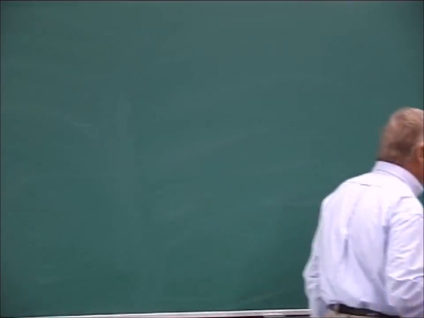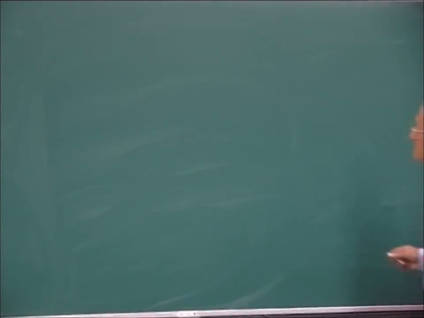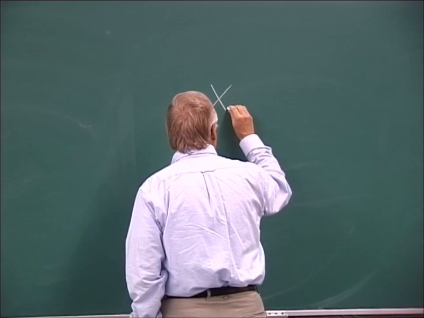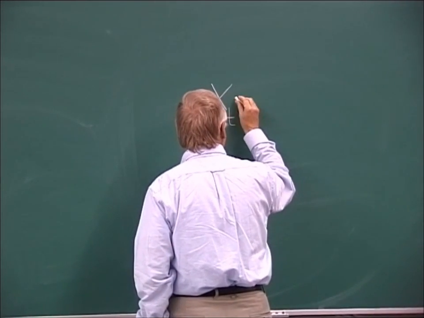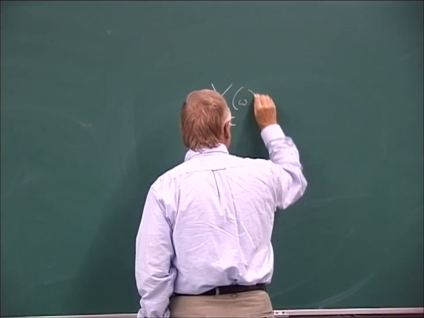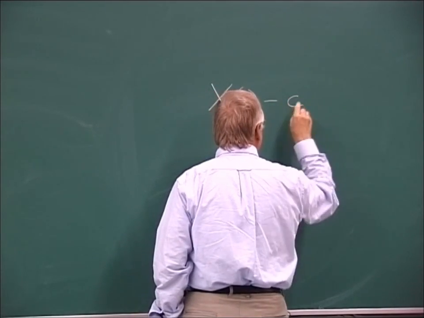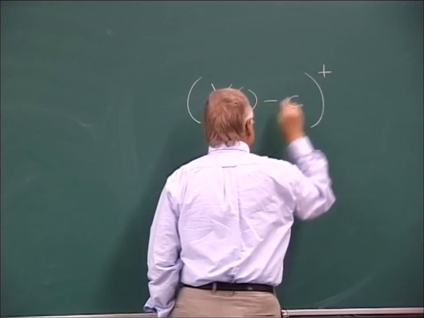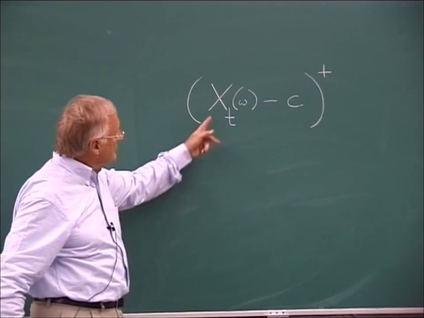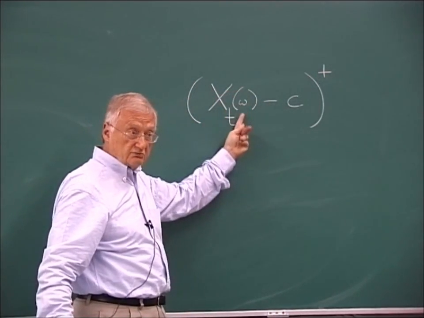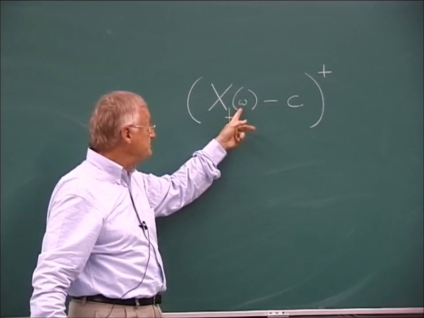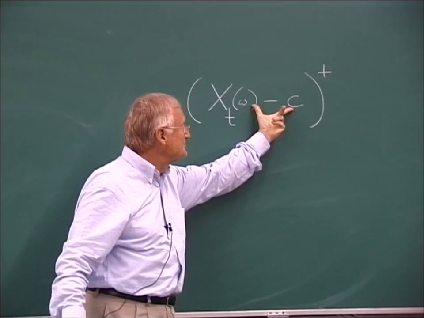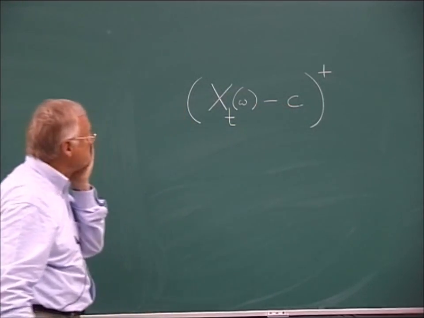So more specifically, if you take an American version of a call option on the underlying stock price fluctuation X_t, then the contract says, and if C is the exercise price, if you exercise at this time, then you get, depending on what the underlying stock price will be, the positive part of the difference to the exercise price.